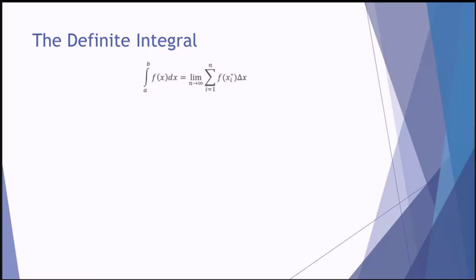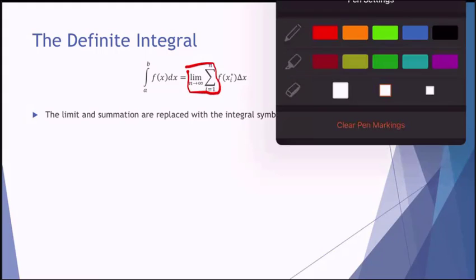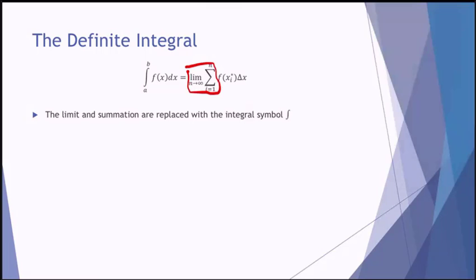So this is just a rewriting of what we just had on the previous slide. The limit and the summation are replaced with your integral symbol. It almost looks like a giant S, but kind of stretched out like that. That takes the place of the limit and the summation. Then we've got the dx taking the place of the delta x.